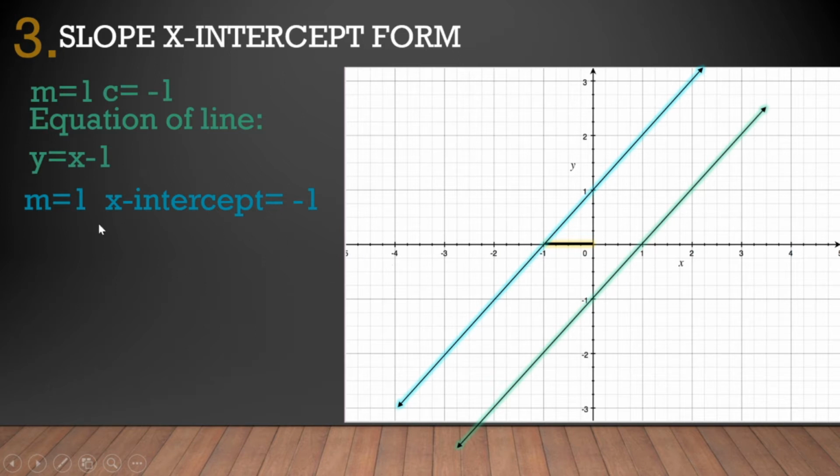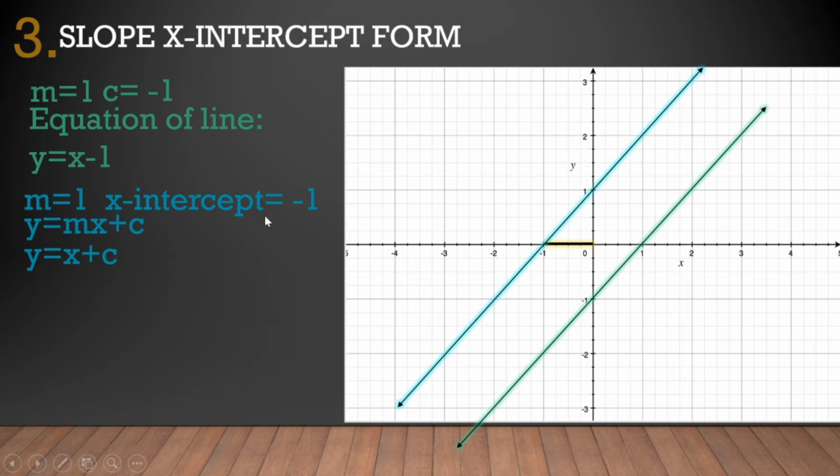So the equation of the line in this case cannot be y = x - 1, because that's the equation of this line. We want the equation of this line. So what to do? When the slope is 1, we can write the equation of the line like this, but we still don't have c. We have only been given the x-intercept.